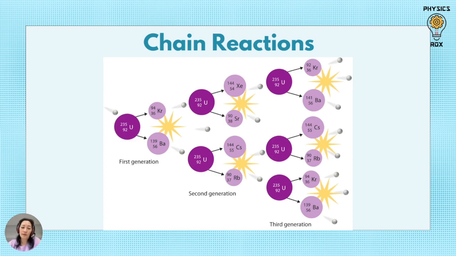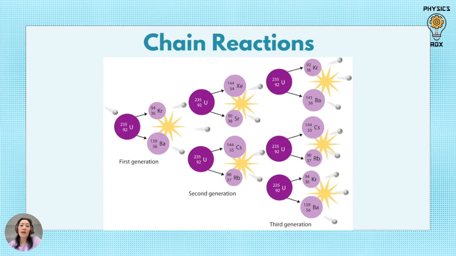Just to point out, if you look at the individual reactions here, although the neutrons are all striking uranium atoms, you can get very different atoms. Like you have krypton, barium, some are xenon, strontium, some are cesium, rubidium. So remember, it doesn't matter what the products are. Essentially, nuclear fission is when one large nucleus splits into two smaller nuclei.